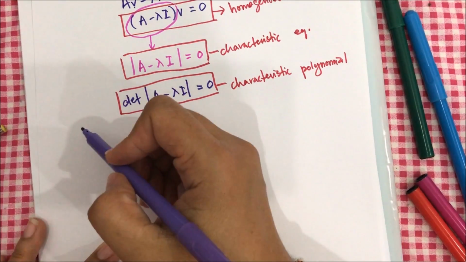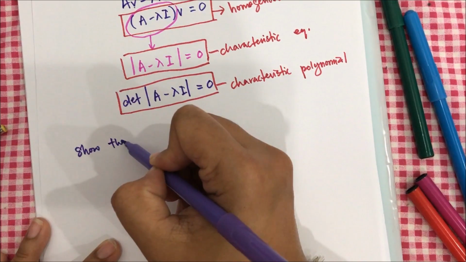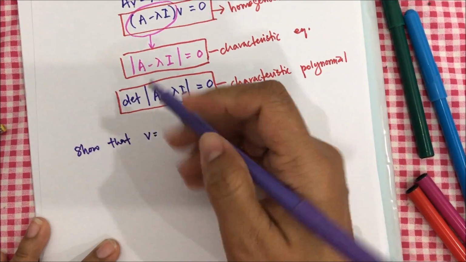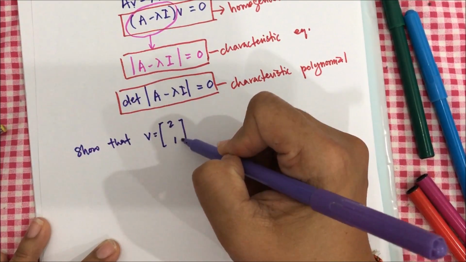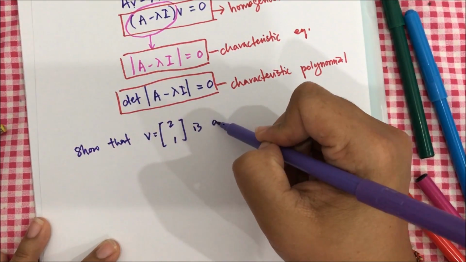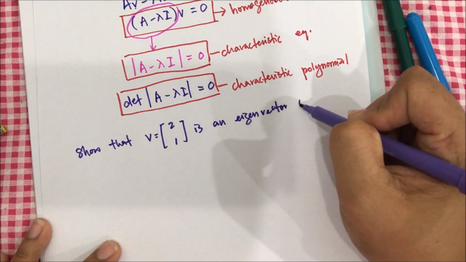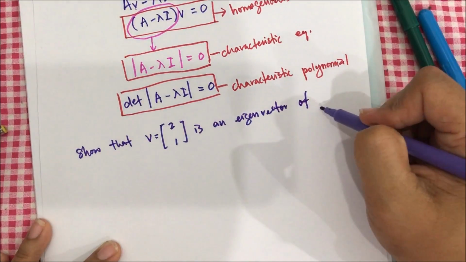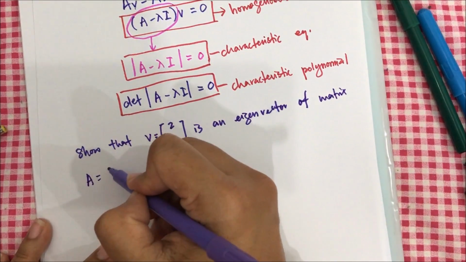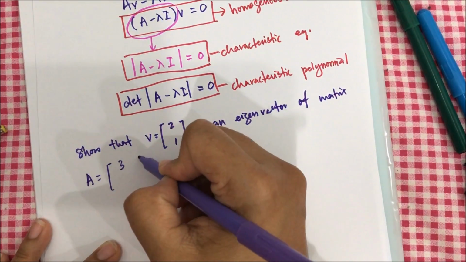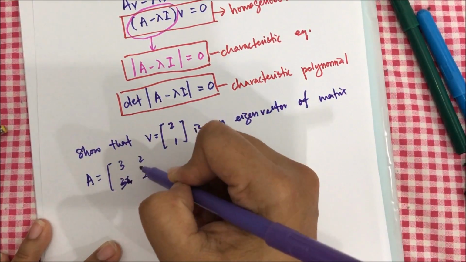The example asks you to show that the eigenvector (2, 1) is an eigenvector of matrix A equal to [3, 2; 3, -2].